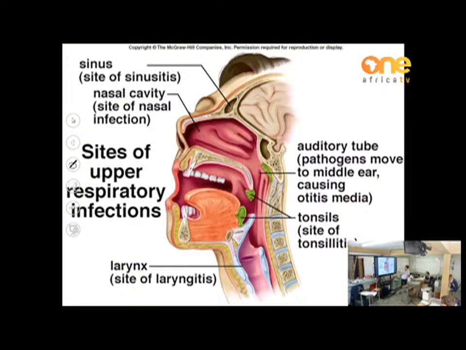This is a picture of the upper nasal cavities, and you do not have to know this. I just want you to think, how many cavities? Look at the cavities at the back of your nose, and all these are called your sinus cavities. And when you have sinusitis, I-T-I-S means infection.